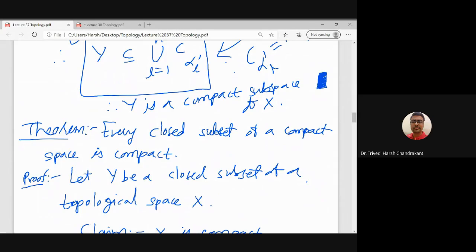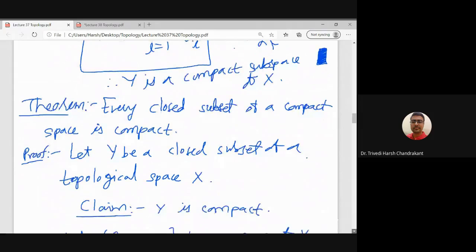Mathematically, that means if Y is a closed subset of a compact topological space X, then Y is always a compact space. So this is the result regarding when a closed subset becomes compact. If that closed subset is a subset of a compact space, then it will automatically be a compact space.